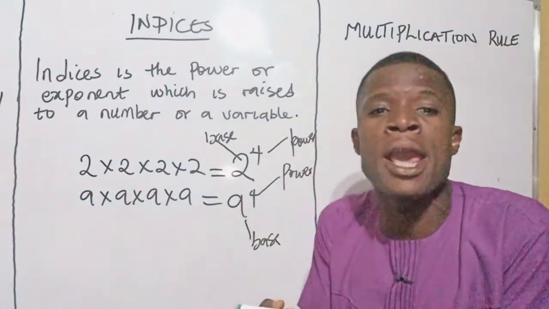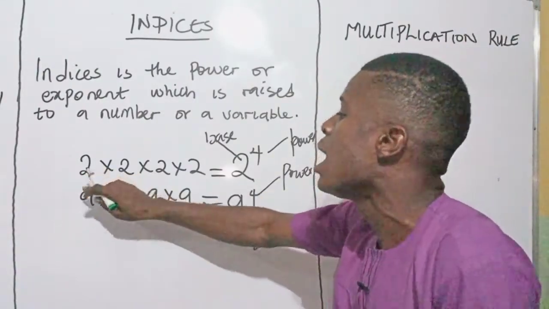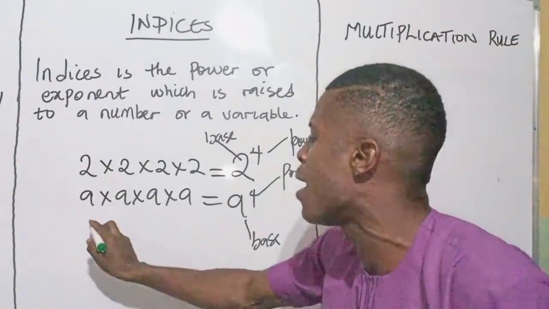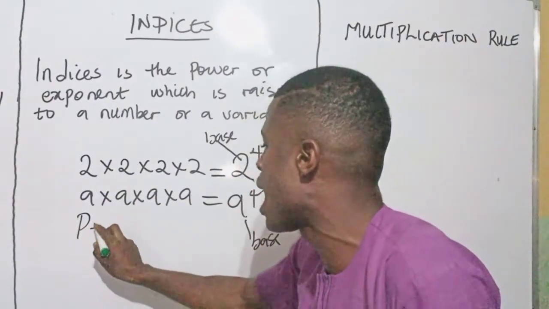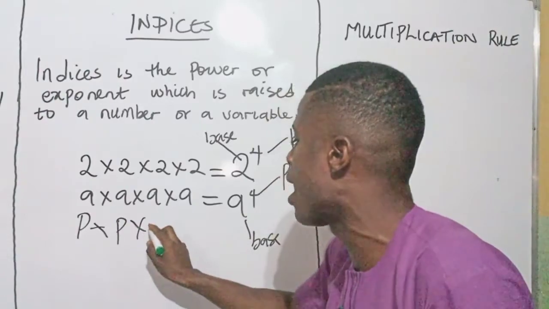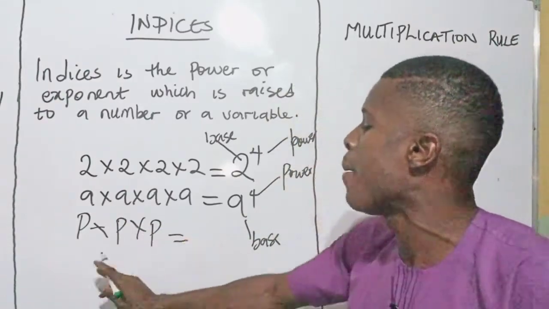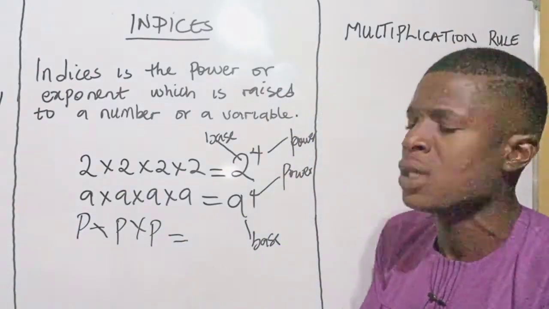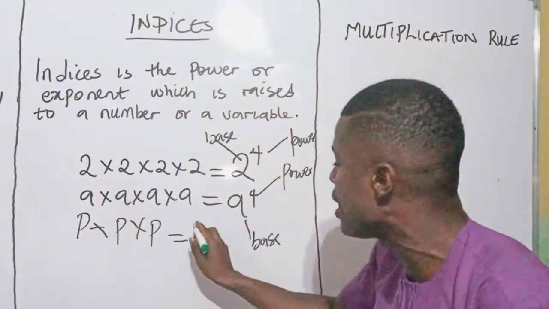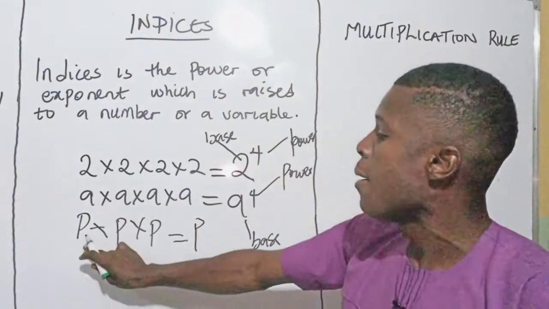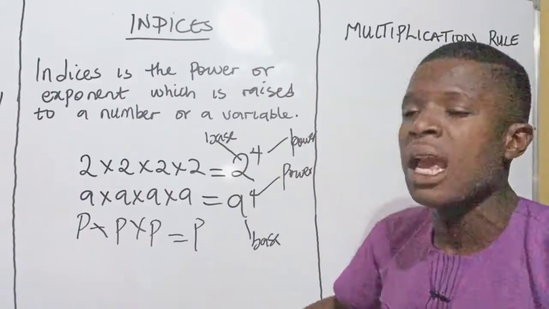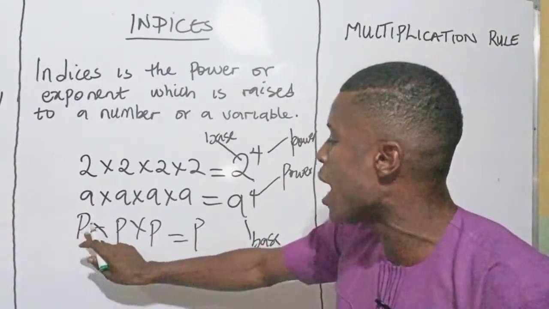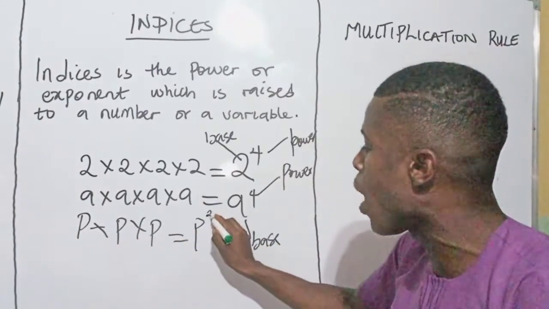So how many times any given number is multiplied, I can have my p times my p times my p. As you can see here, my p is multiplied 3 times. So I can write my p in a simplified manner, which is p times p times p. I have 3 p's, which is 1, 2, 3, which is p raised to power 3.